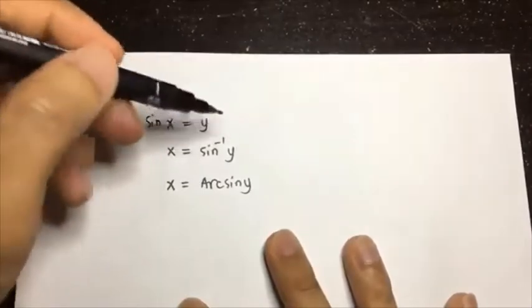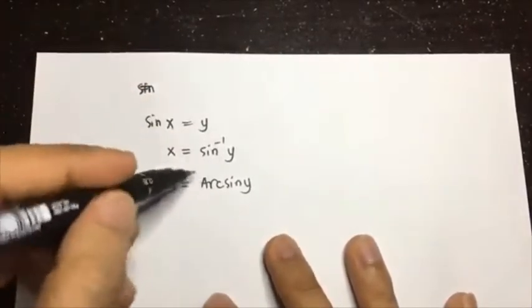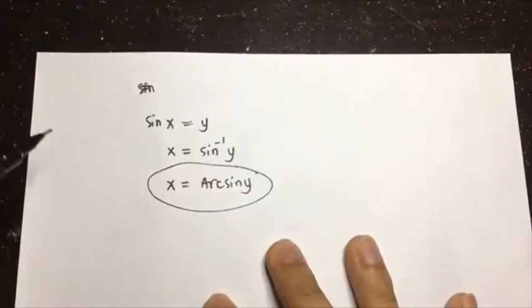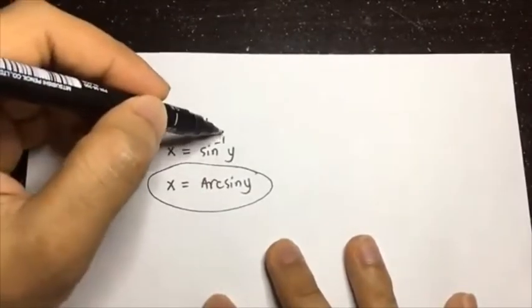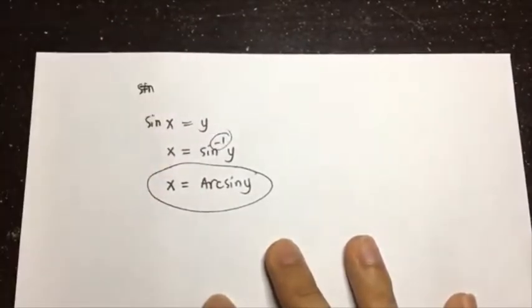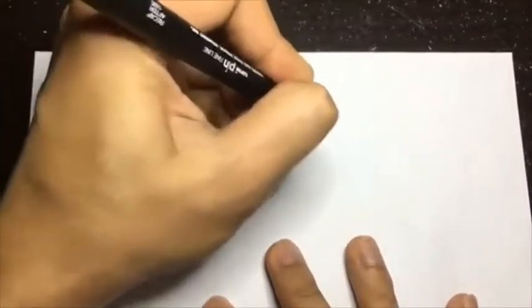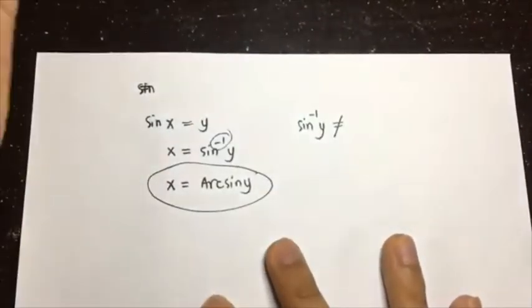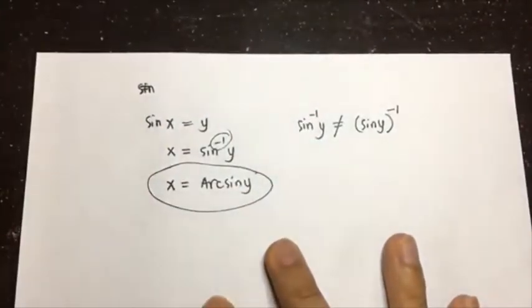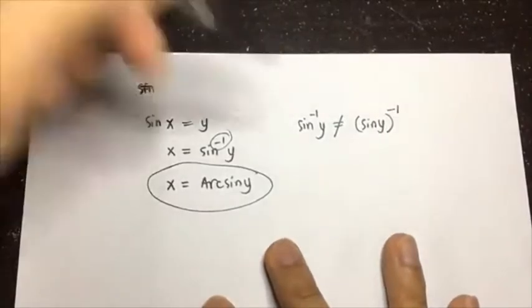This notation is preferred because sometimes the exponent in the other notation can be misinterpreted. It can be interpreted as sine of y raised to negative 1, which is not equal to arcsine of y.